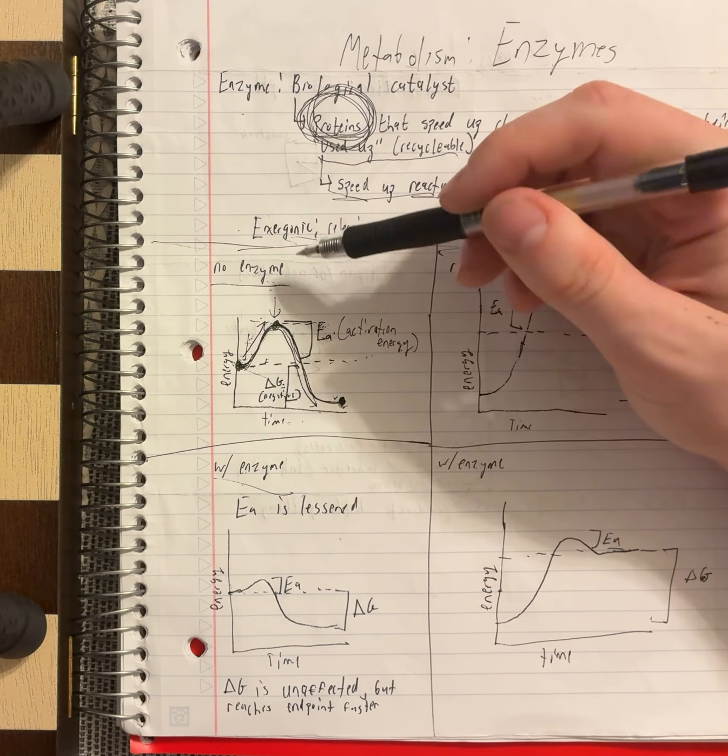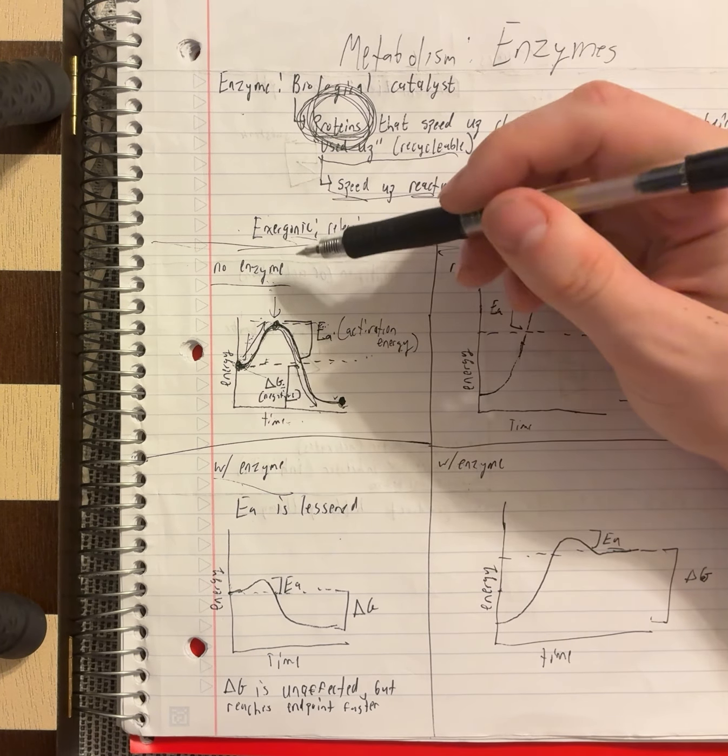You can see here that we start here and we end here. Right off the bat, you should be able to look at this and go, oh, that's an endergonic reaction. I had to put energy in, and I end with more energy in the system than I started with.